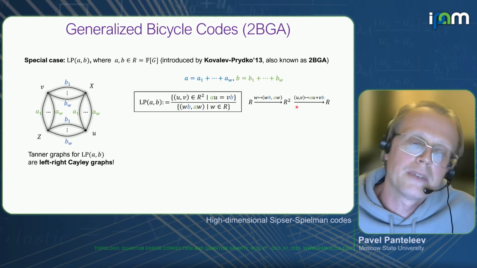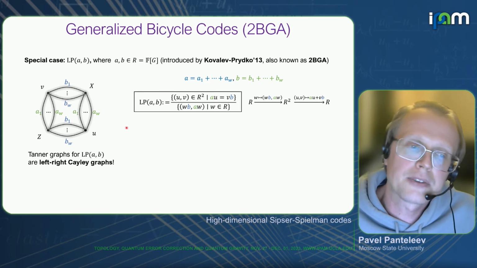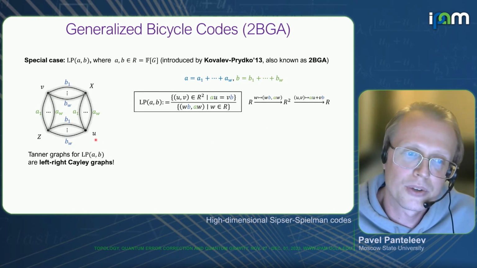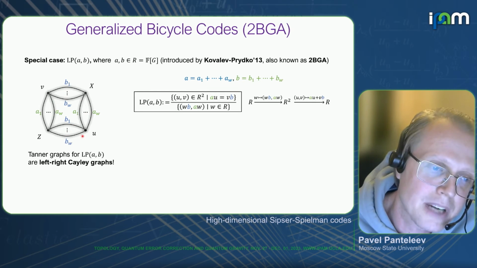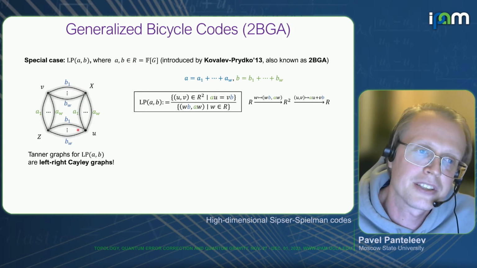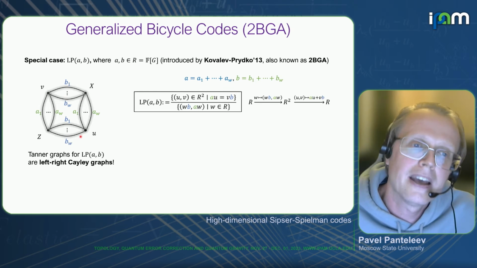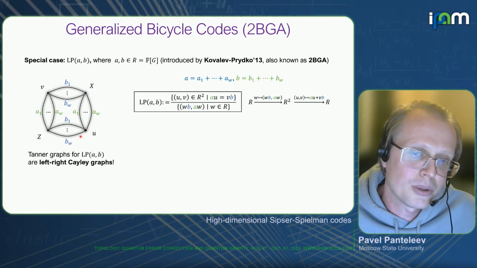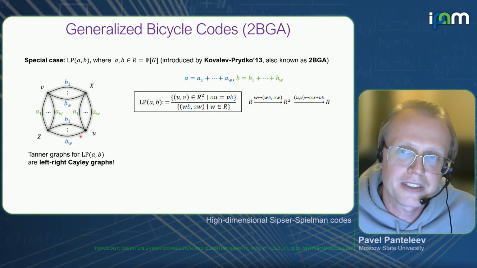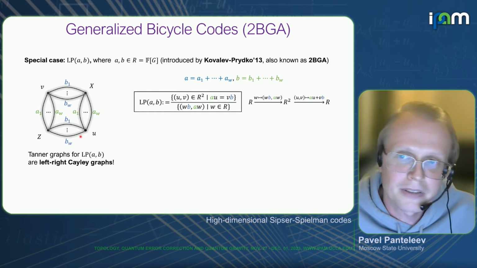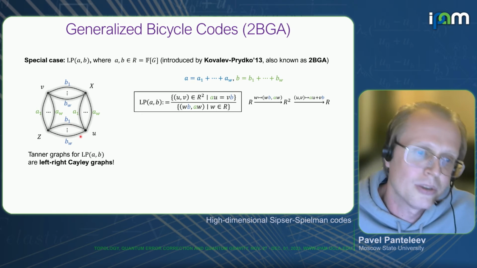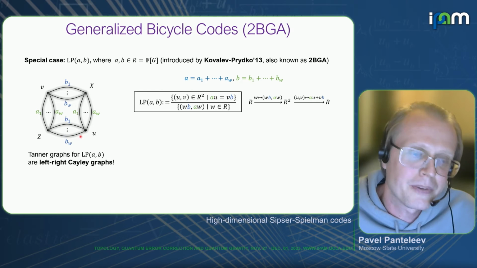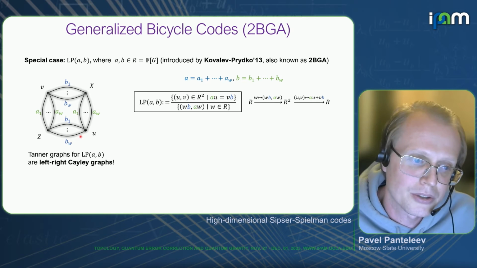And what is even more interesting is that if we try to draw the Tanner graph for this code, then we will have this structure, and this particular graph will play a very important role in the construction of good LDPC codes. And it's very fascinating that Kovalev and Pryadko almost 10 years ago proposed something which is related to the final construction of good LDPC codes.